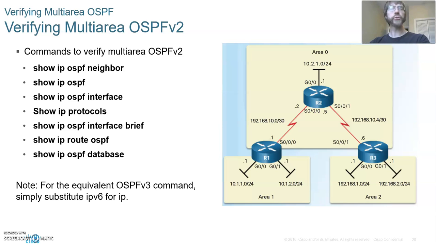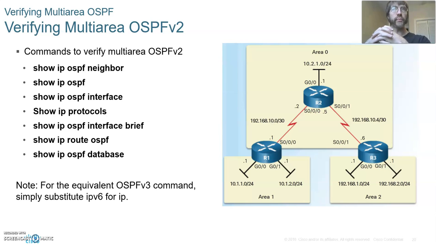Show IP OSPF to look at the process itself. Show IP protocols to see what it thinks it's doing. This is particularly useful if you're trying to figure out if your passive interfaces are in the right place, or if you're hearing from the sources you expect to hear from.